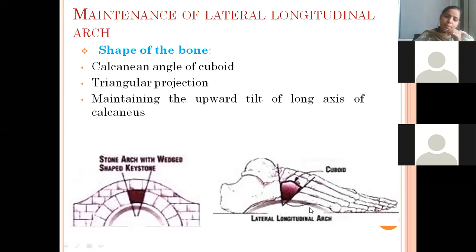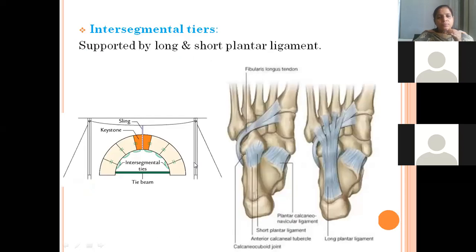So we are comparing such things with our foot to understand it better. So we are finding one triangular projection maintaining the upward tilt of the long axis of calcaneus, which is actually facilitated by the shape of the cuboid bone.